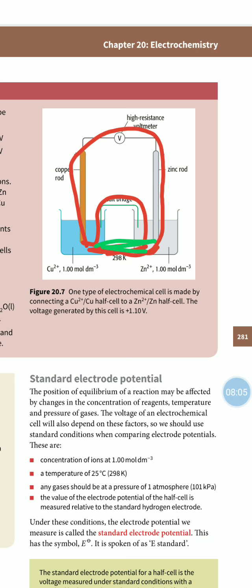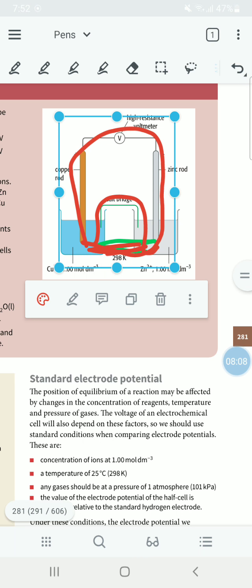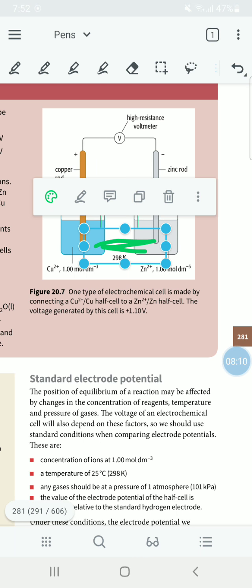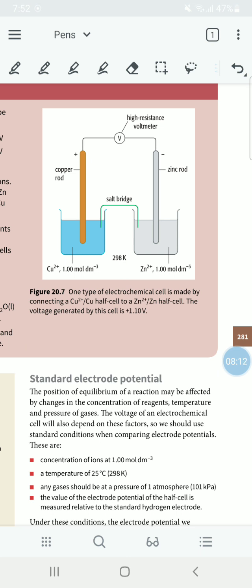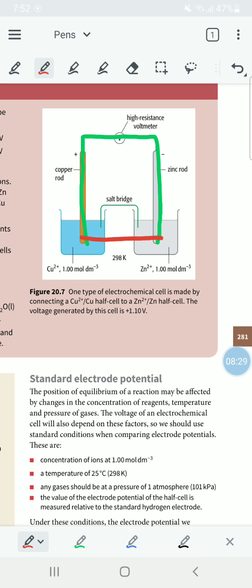If I show you again, as you can see here, this is connected here, right? But for the current to pass through, there has to be a connection here.